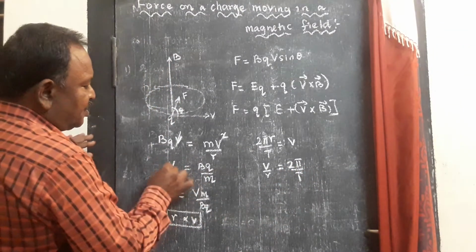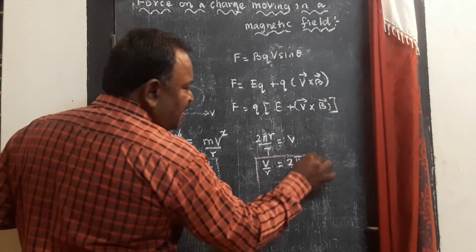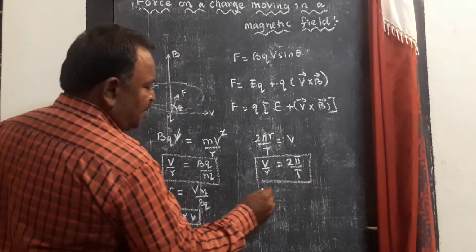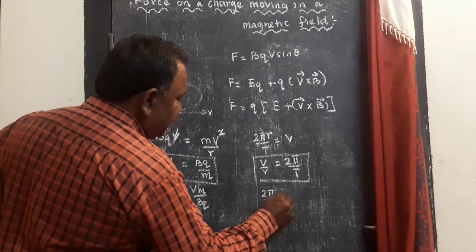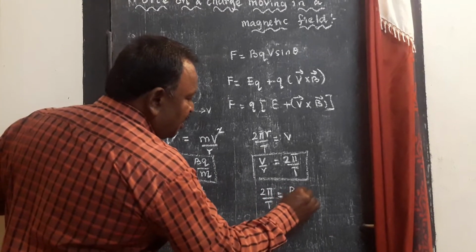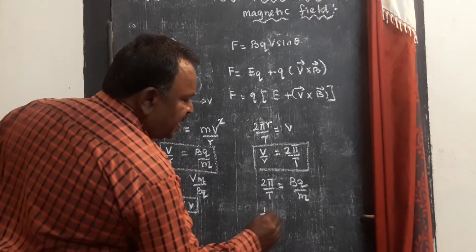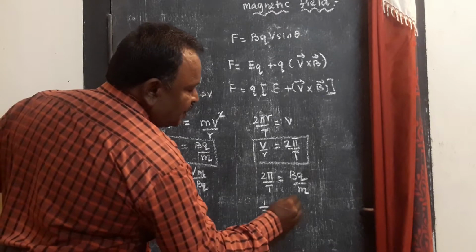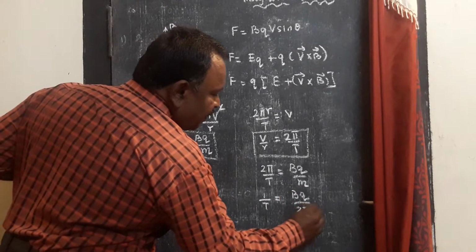So equating these two, v/r = BQ/m and v/r = 2π/T. So we will have 2π/T = BQ/m, or 1/T = BQ/2πm.